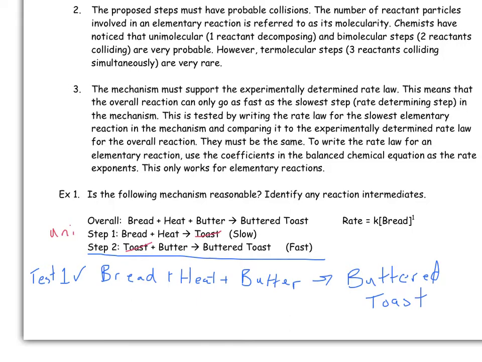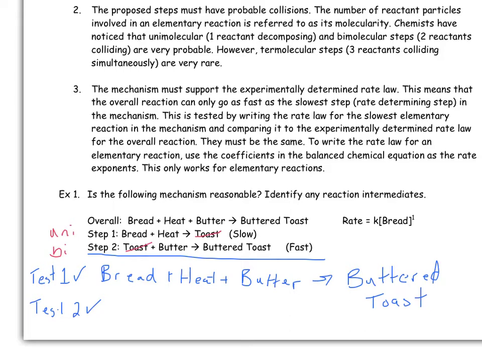Step 2, I have toast and butter. Because there are 2 particles here, this is classified as a bimolecular step. Bimolecular steps are also probable, so test 2 is okay. The mechanism seems reasonable so far.